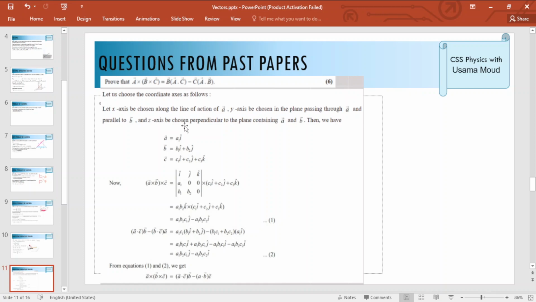Similarly, if we solve the right hand side of this equation, we write the components: this is A dot C and this is B, and similarly this is B dot C and this is vector A. After simplification you can see that equations 1 and 2 are exactly the same, so it means A cross B cross C can be written like this.